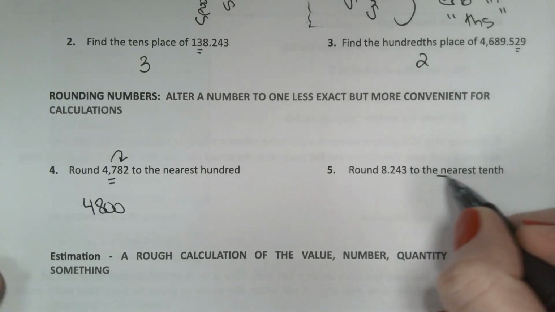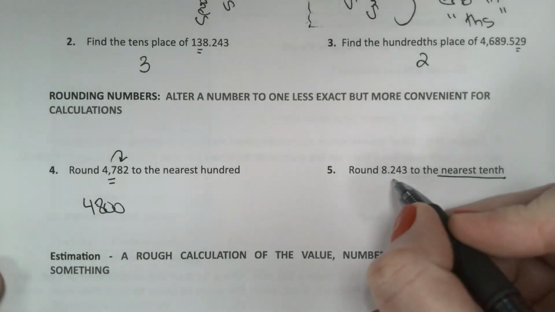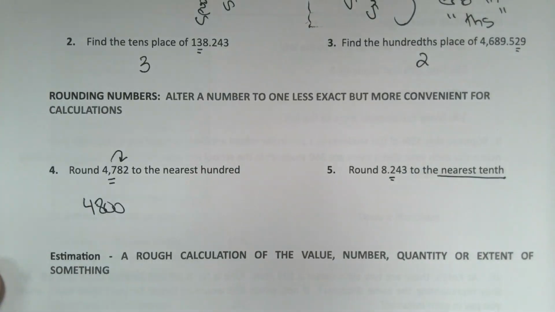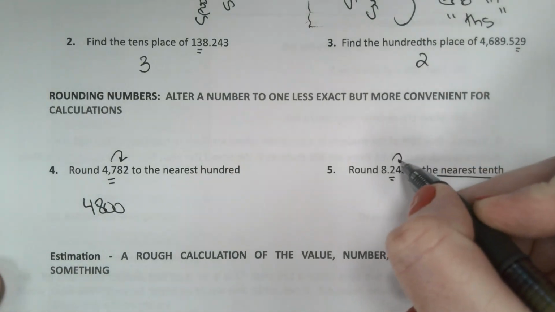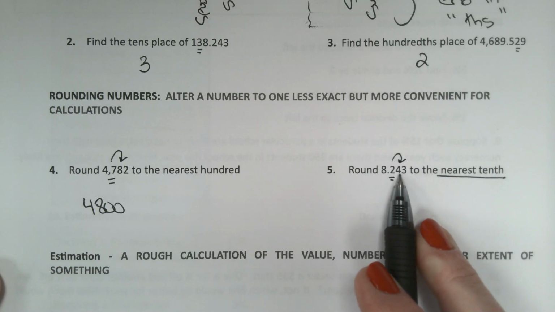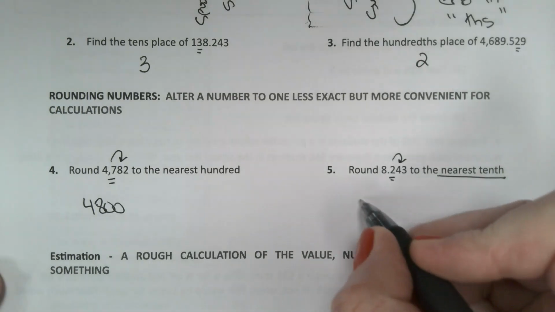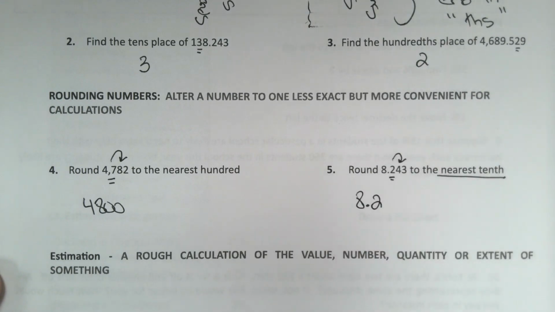This says round to the nearest tenth. All right, so tenth is where the 2 is. You look to the right, and that's a 4. And so 4 or less means that number stays the same, and that is 8.2.